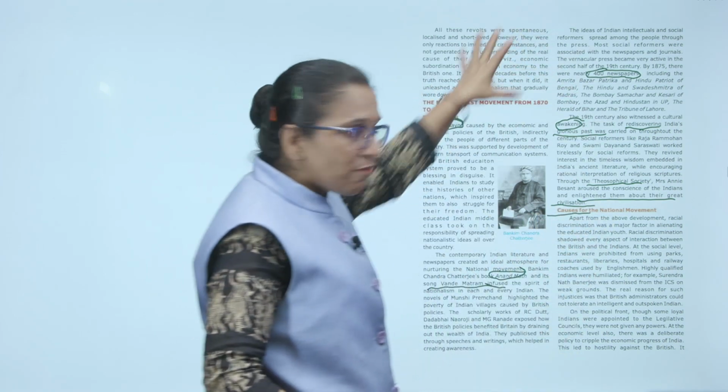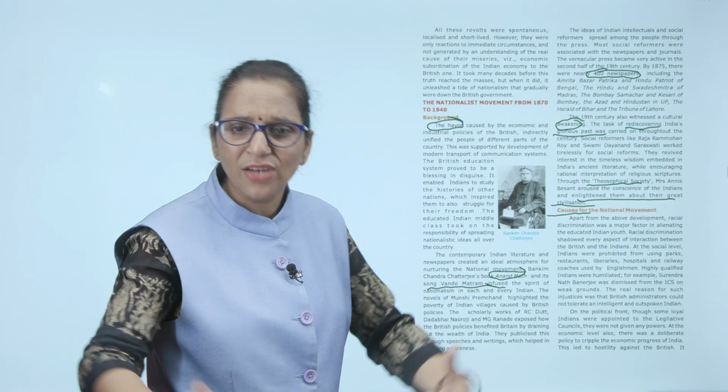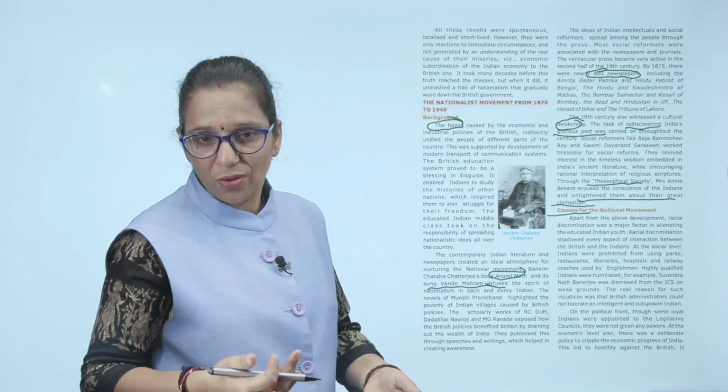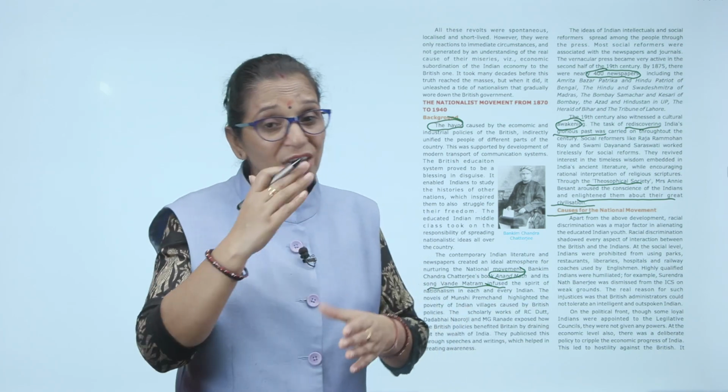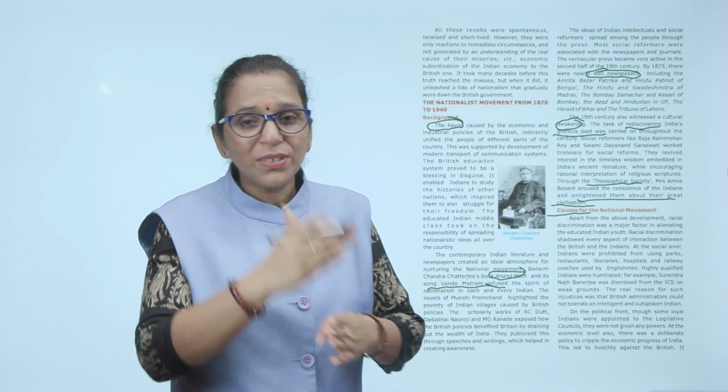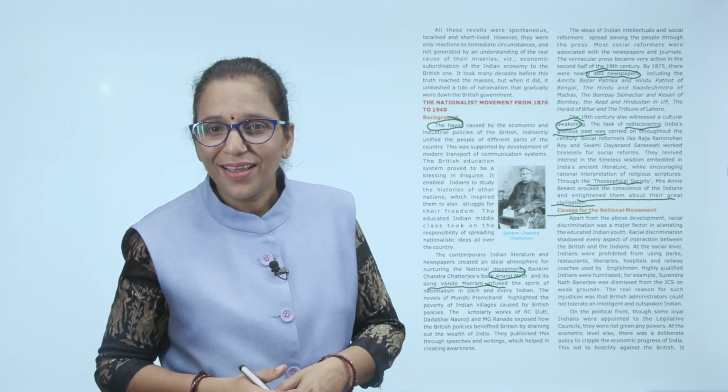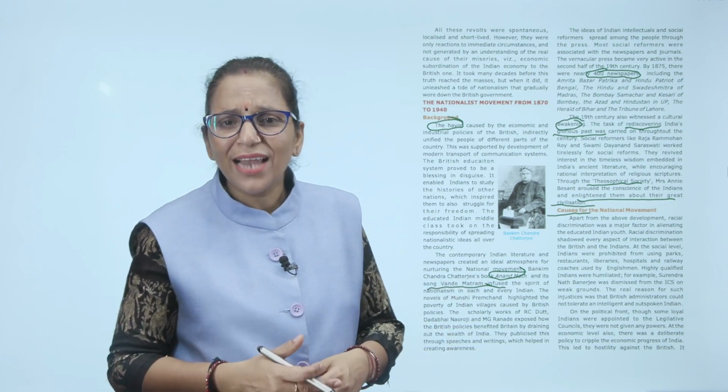Apart from these developments, which were the base of the mass movement, there were some other causes also. We know there was disunity in society, which was used by the British through the divide and rule policy. There was racial discrimination. Then there was a major factor in the alienation of educated Indian youth.